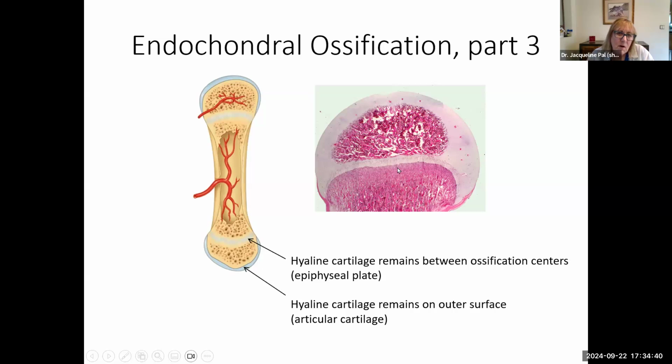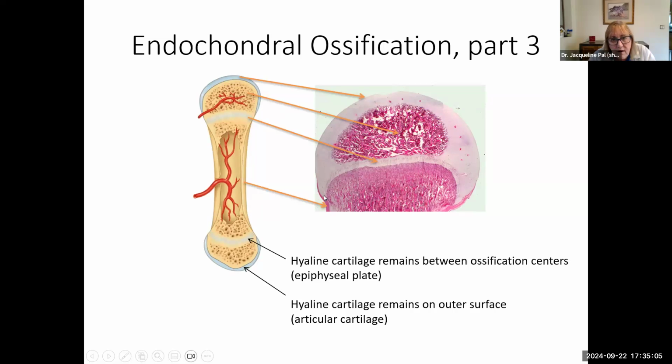And you see how this part of the spongy bone looks a little bit different? That's because stuff is going on here related to this epiphyseal plate, which we will see shortly. So this correlates to this spongy bone, this correlates to this articular cartilage, and this correlates to that epiphyseal plate.